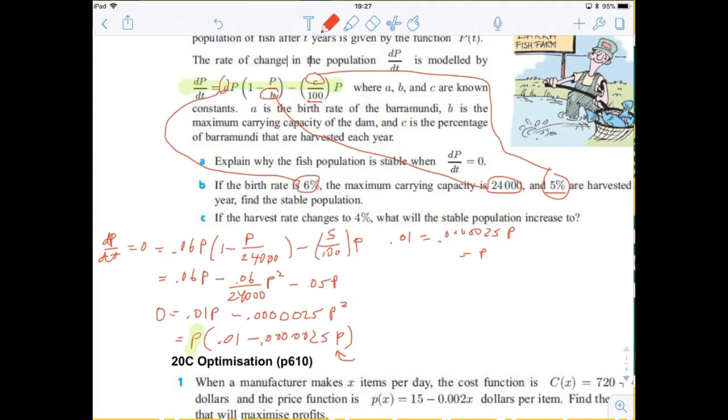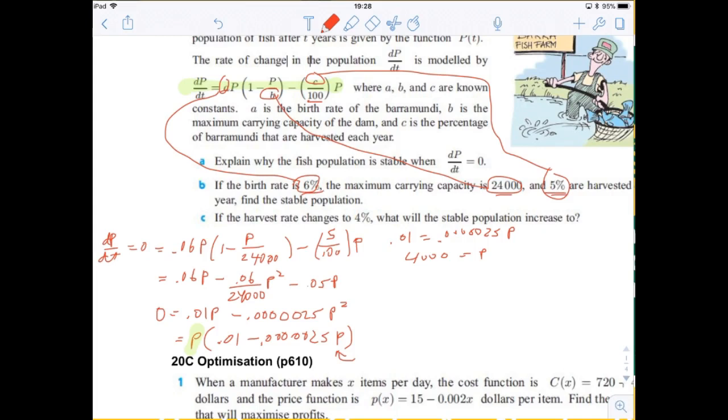We'll divide 0.01 by 0.0000025, and we get 4,000. So the value of the population that would make the number of fish stable would be 4,000 if the birth rate is 6%, the carrying capacity is 24,000, and the harvest rate is 5%.